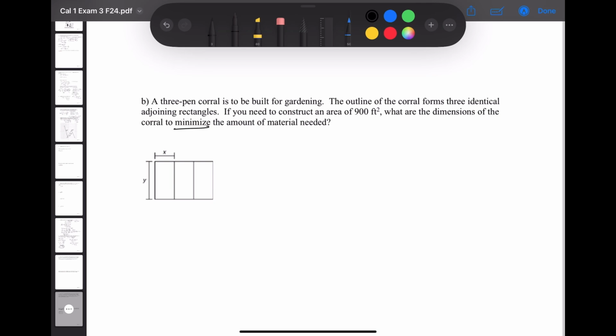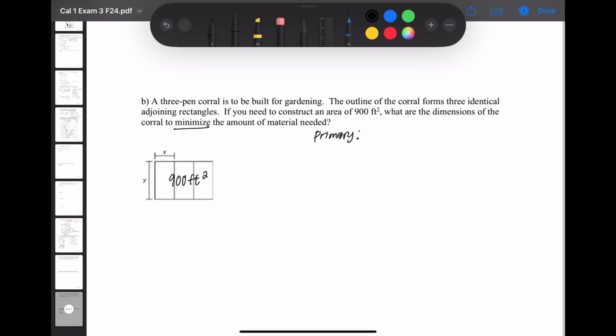So we know that our area is 900 feet squared. So our primary equation will be our perimeter, because that's what it's asking us to minimize, our material. So primary, and that's what we need to solve. So which makes sense to have it as primary.